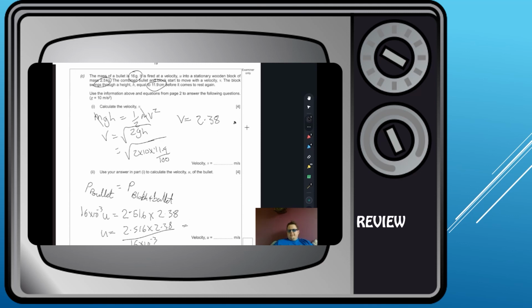I made a mistake on the previous question. Sorry. That's v squared. So v is 1.54. I forgot to square root it, which means that this here is 1.54. And this here is 1.54.